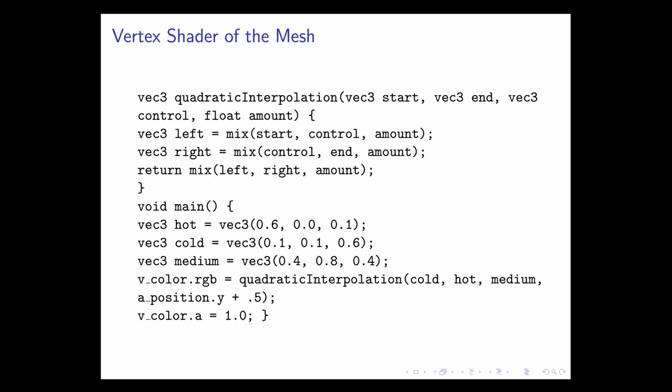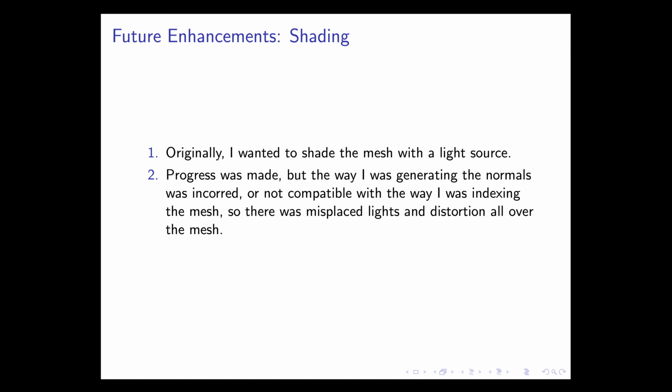So we quadratically interpolate between the hot, cold, and medium vectors, and that's how we get the heat map effect. And that's everything that's in the program.